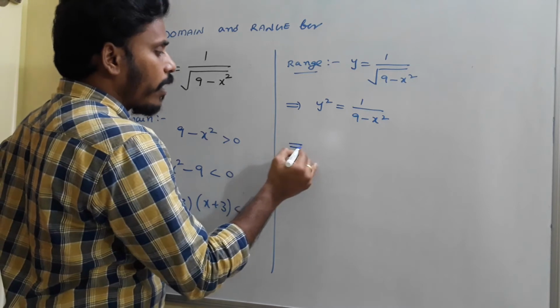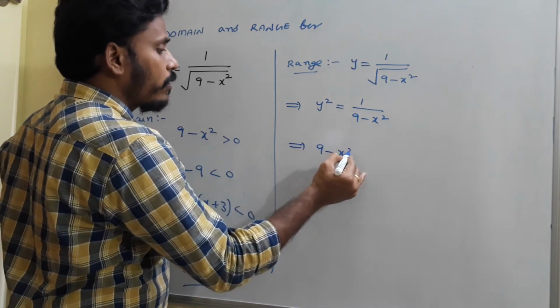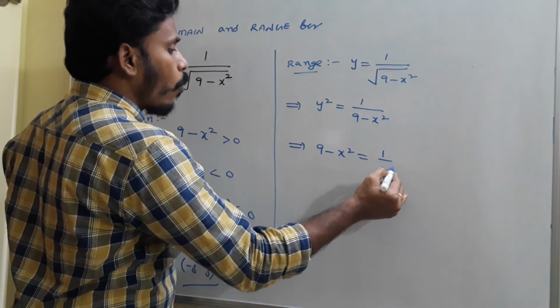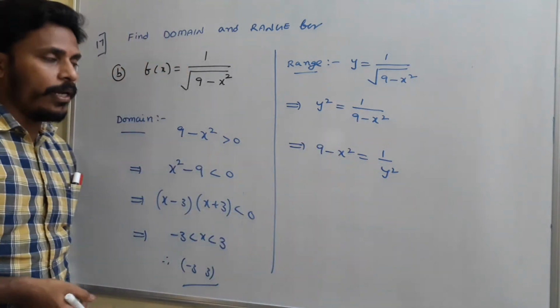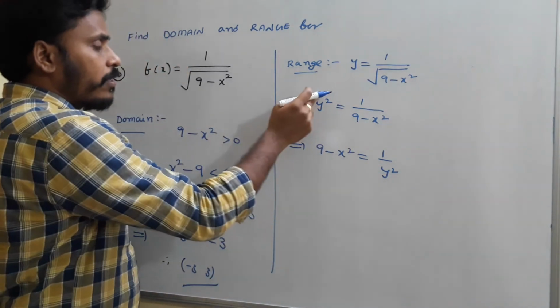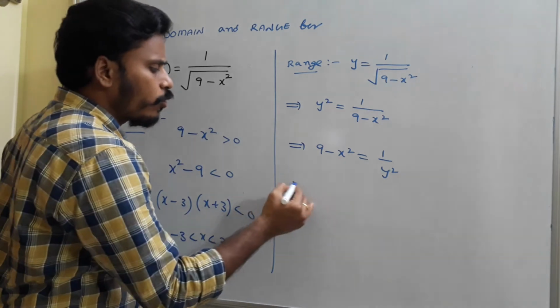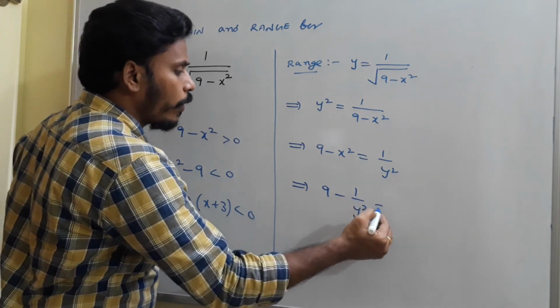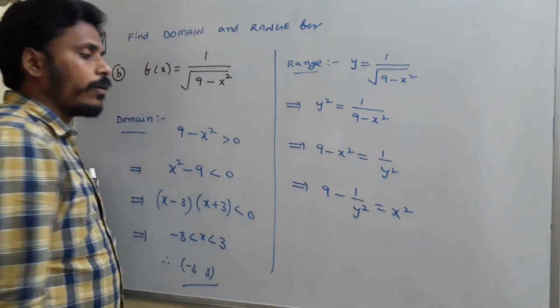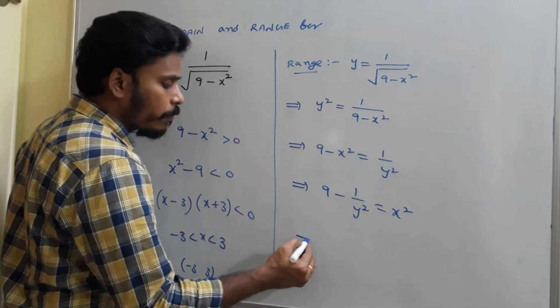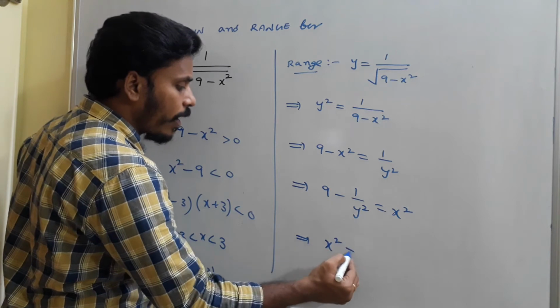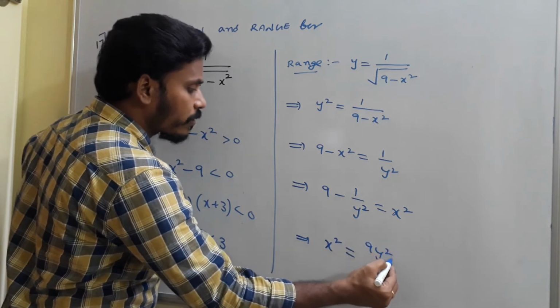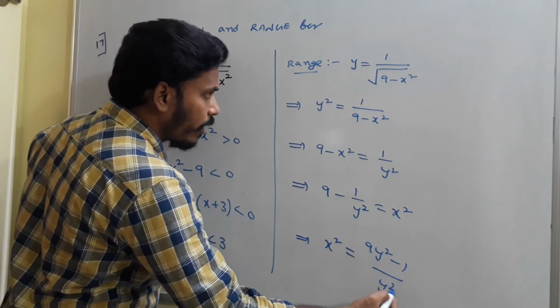And now 9 minus x square is equal to 1 by y square. 9 minus x square this side, y square that side. You just make x square the subject. 9 minus 1 by y square is equal to x square. And on simplification you have x square is equal to 9y square minus 1 divided by y square.